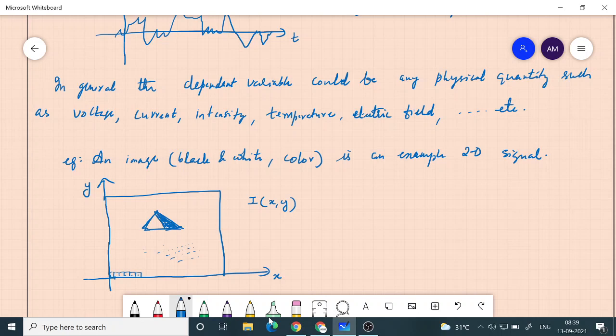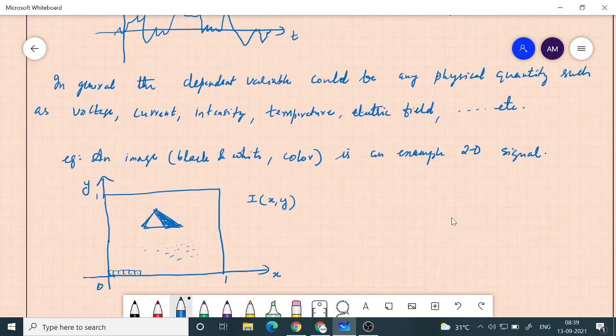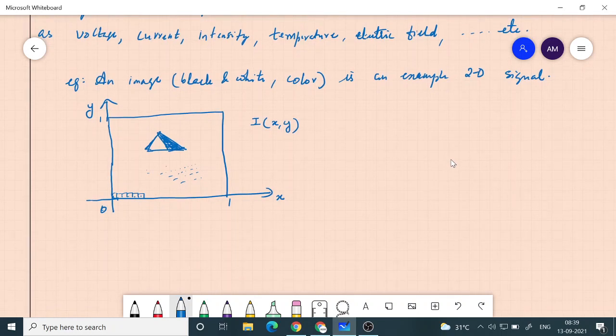So there are infinite number of points. But as you know, in a computer, if you want to represent an image, you can't have infinite number of points, say from 0 to 1 centimeter or something like that. Okay, so here you have a 2D signal because there are two dimensions or two independent variables, and the intensity varies with those two independent variables, therefore we call it as 2D signal.